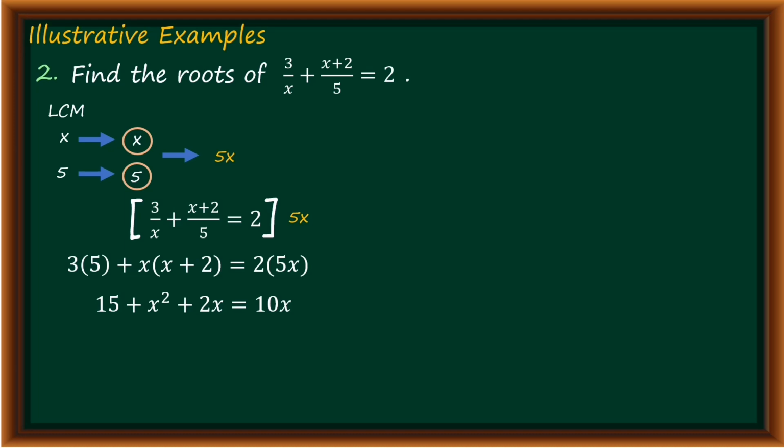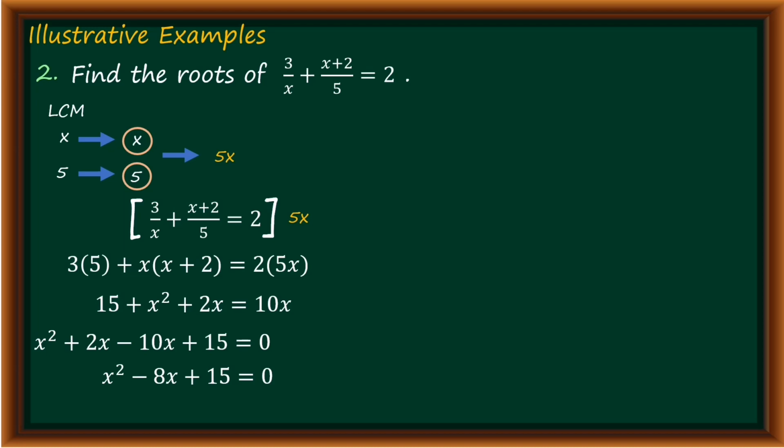Let us transfer 10x to the left side in order for us to get the standard form. So it will give us x squared plus 2x minus 10x plus 15 is equal to 0. Then let us combine 2x and negative 10x. So our equation now is x squared minus 8x plus 15 is equal to 0.